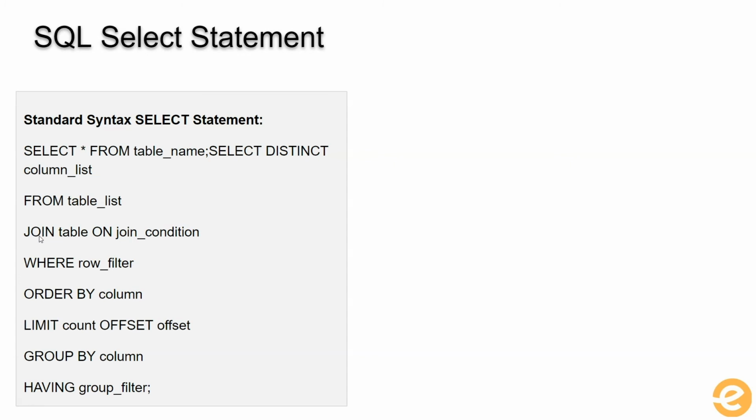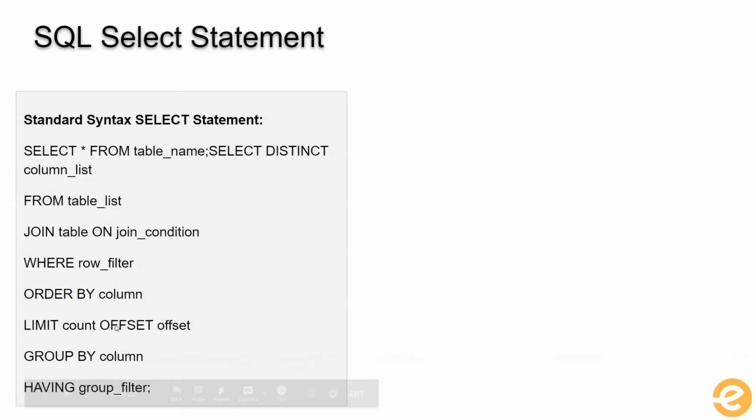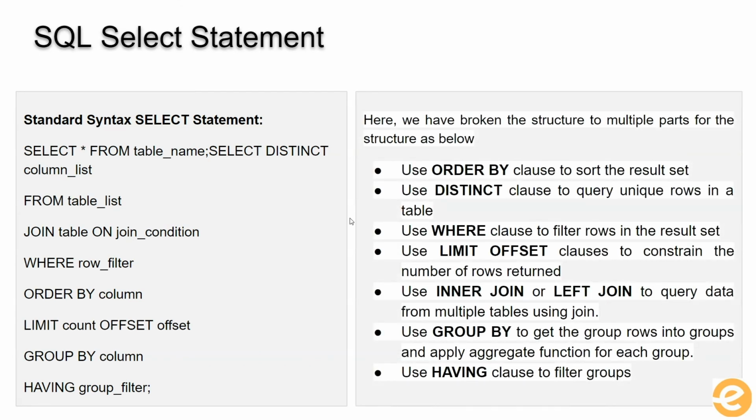You can have join to join other tables. You can have where to filter the records. You can have order by to sort, limit or offset to reduce the data set. You can have group by to group the columns by a specific value, and the having clause as the group filter. All of this we will see in the next couple of videos, but here is a quick definition of each of the clauses which is present.